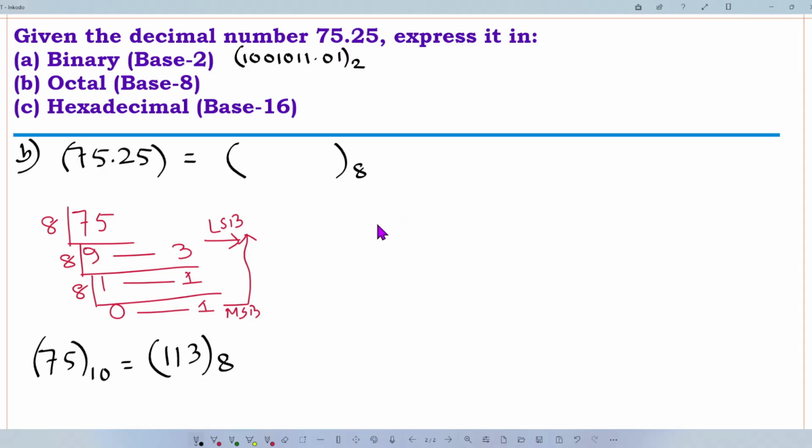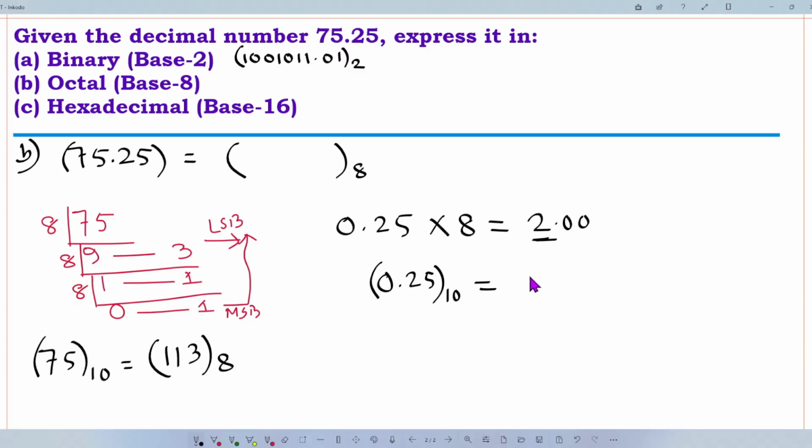And what about 0.25? It will multiply by 8. So we will get 25 times 8 is 200. It means 2.00. So this is 2, right? So 0.25, once we convert decimal to octal, we will get 2.